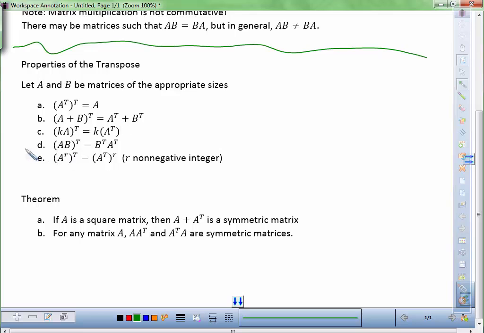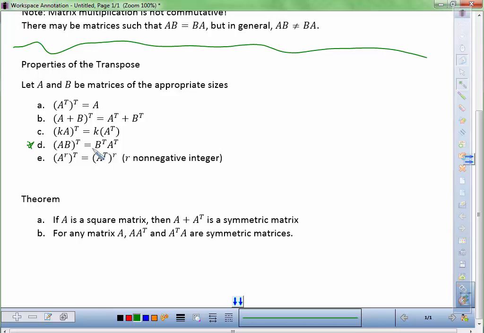Now here's an interesting one. If you have a product and you take the transpose of that, then that's equal to the product of the transposes, but in opposite order. The order is switched. It looks innocent.